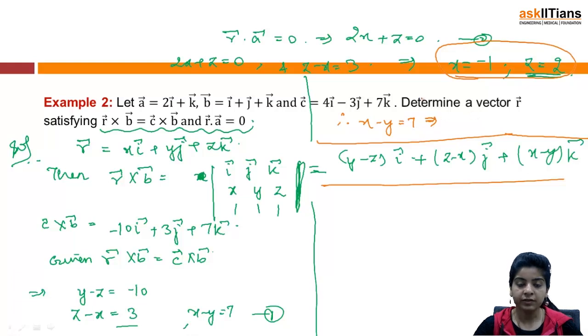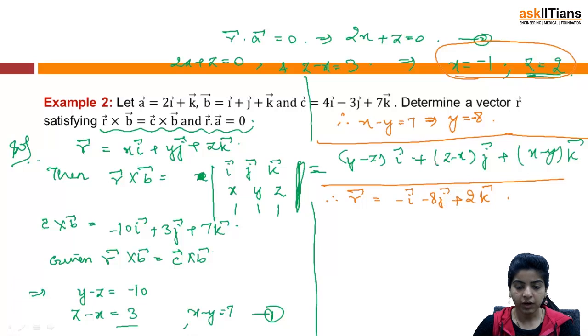So minus 1 minus 7 is y, so y becomes minus 8. And now we have obtained the values of x, y and z. Therefore, vector r is minus i, minus 8j, and plus 2k. Minus i minus 8j plus 2k is the required vector.